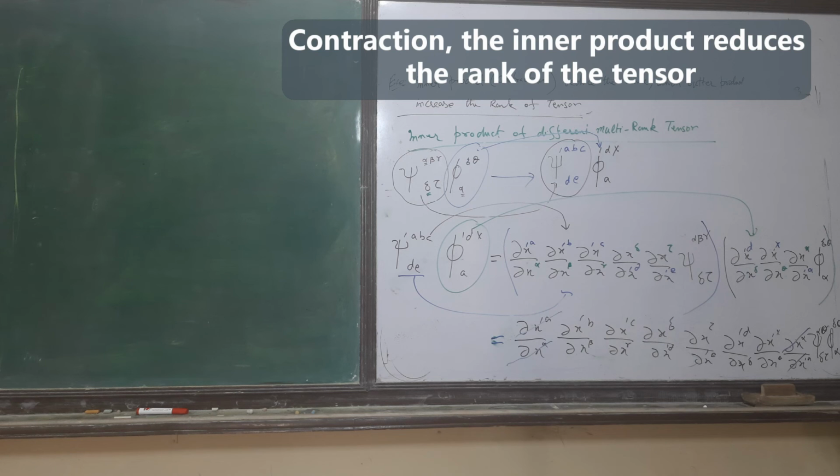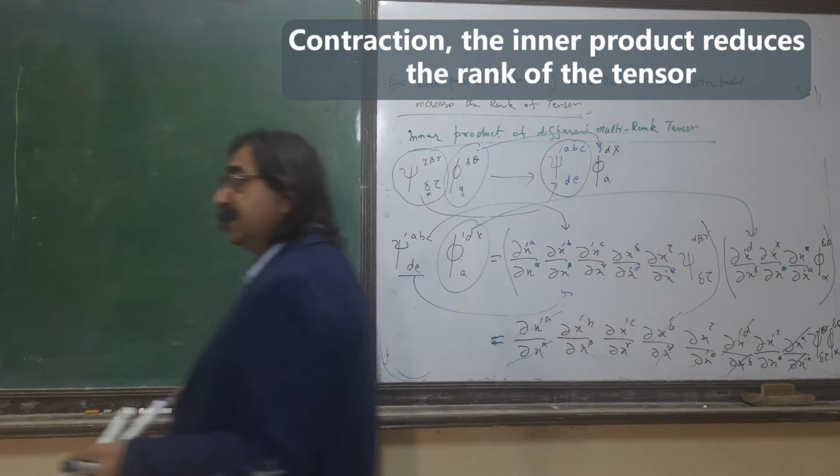The other contraction was between alpha and sigma, D and sigma. This D prime is cancelling with the D prime, and sigma is cancelling with the sigma. Got it?